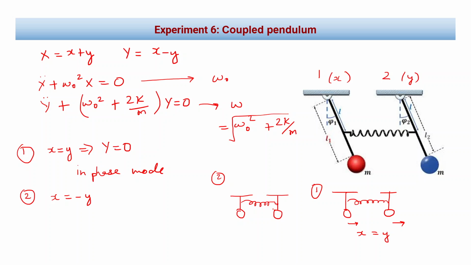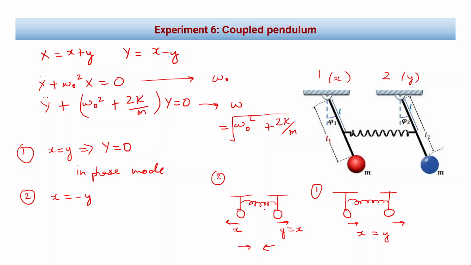They are coupled and I'm giving them this one x and this one y. Same amount of displacement, but now in the opposite direction. Either I can do like this or like this, same amount but opposite direction.